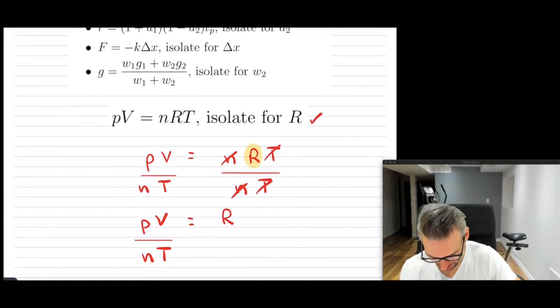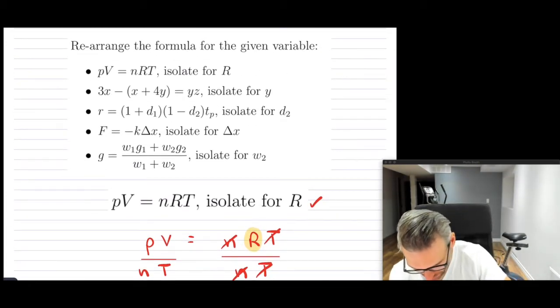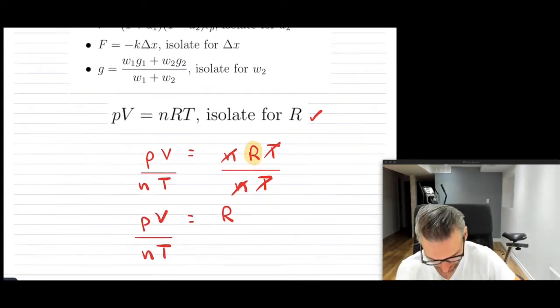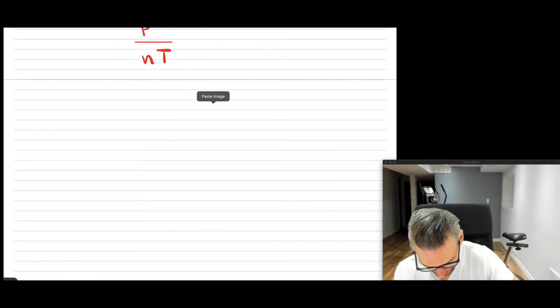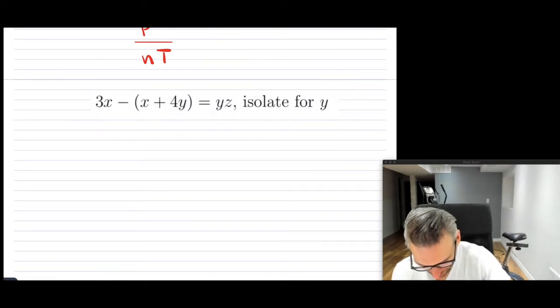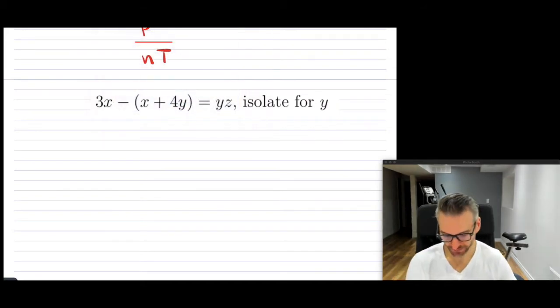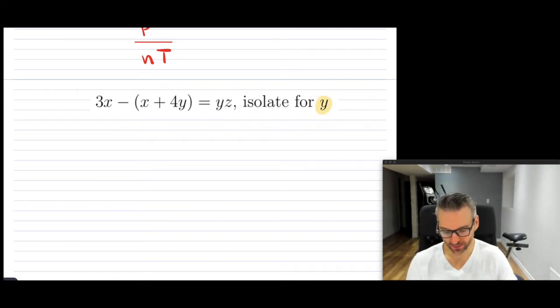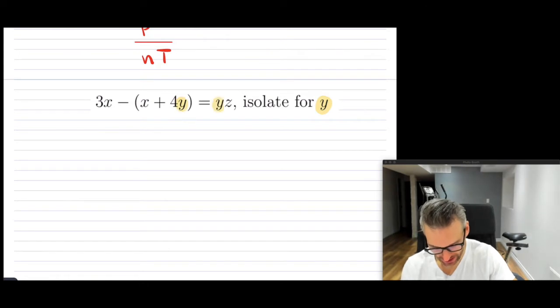Let's take a look at another example. This one looks a little bit more complicated. Let's copy it down. Let's bring it right here. Let's take a look. Switch the color here. In this example, we're supposed to be isolating for y. Well, y appears on the left-hand side and the right-hand side.